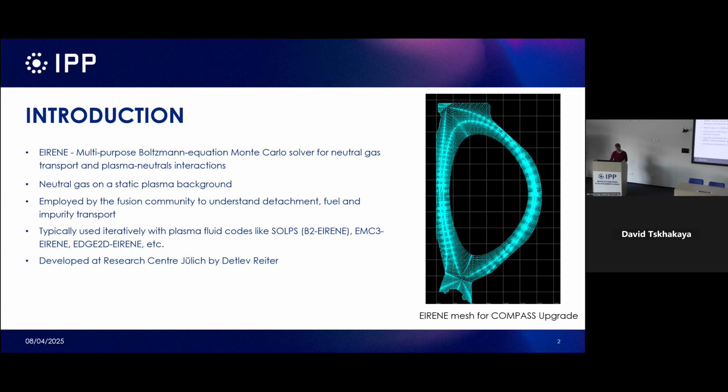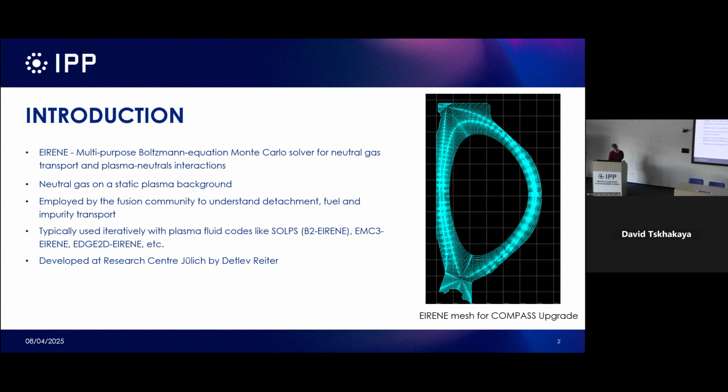It was developed to understand various processes in tokamaks or fusion experiments. For example, to understand detachment in the divertor region, or to understand fuel and impurity transport throughout the scrape-off layer and potentially into the core.